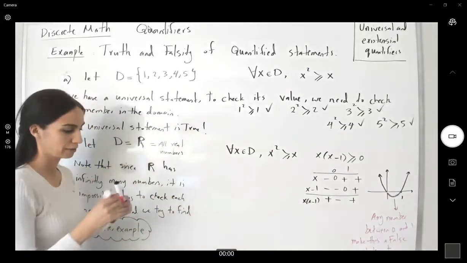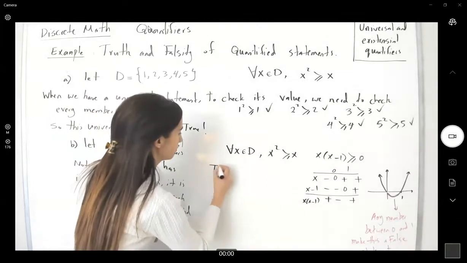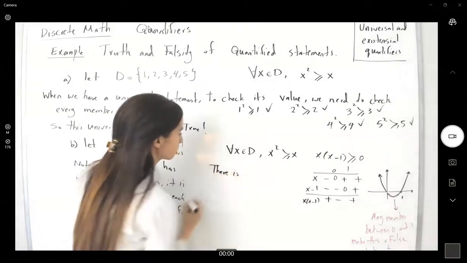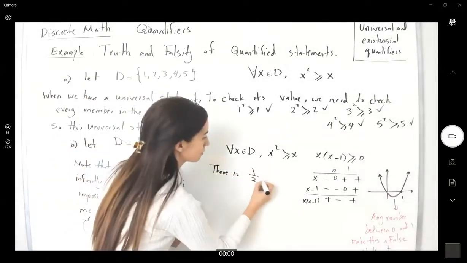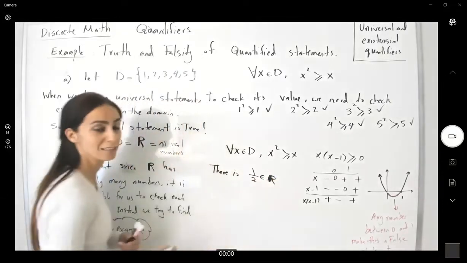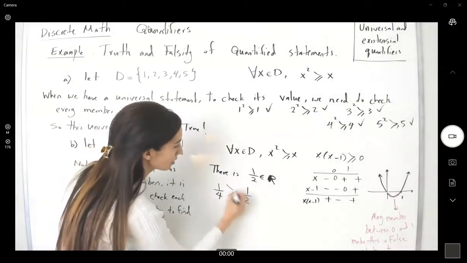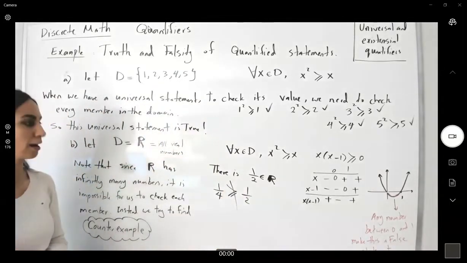You write it this way: there is a half in R such that 1/4 is not greater than or equal to a half.